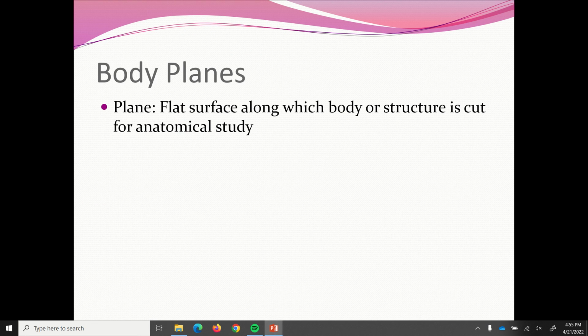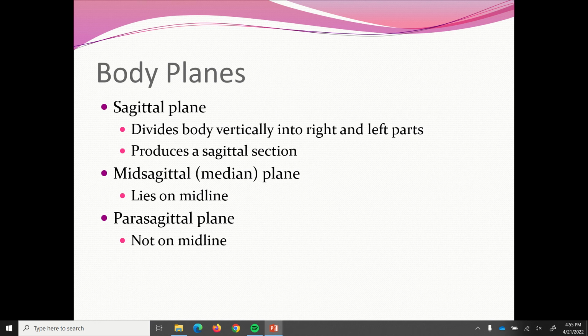The body needs to be divided into flat surfaces called planes. These cut the body for anatomical study, particularly when taking diagnostic images. There are three major planes considered: the sagittal, mid-sagittal, and parasagittal plane.